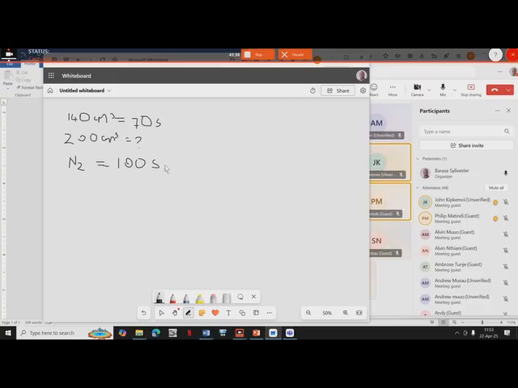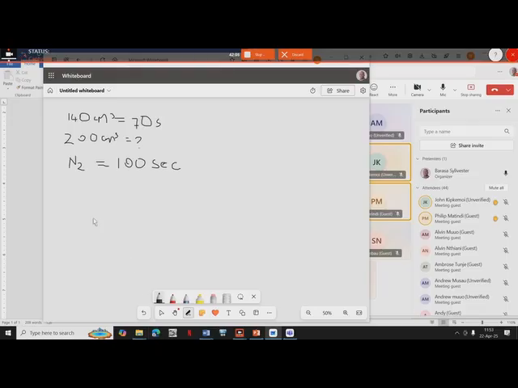So N2 will now take 100 seconds. So now this is the time we are using in this working and not 70. Kwa sababu 70 ni time taken for 140 cubic centimeters, but the volume of carbon dioxide is 200.